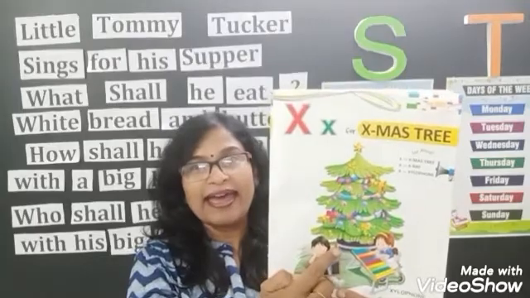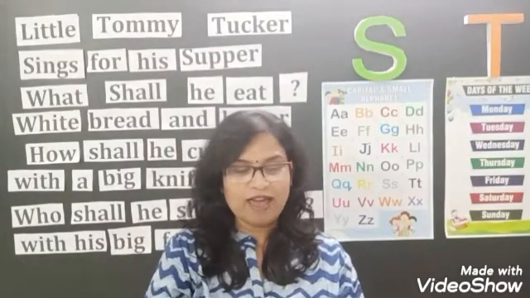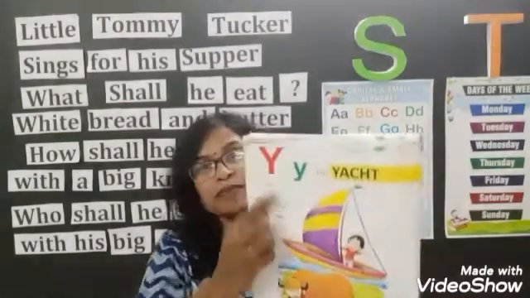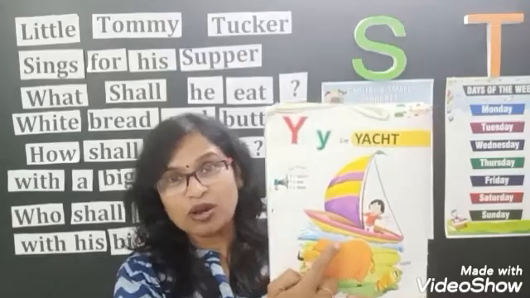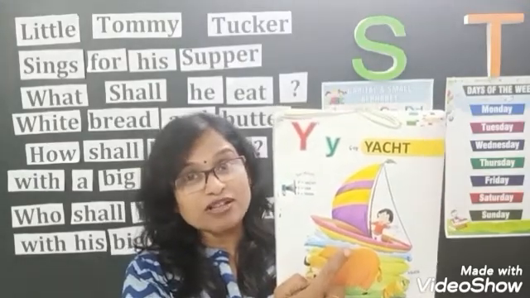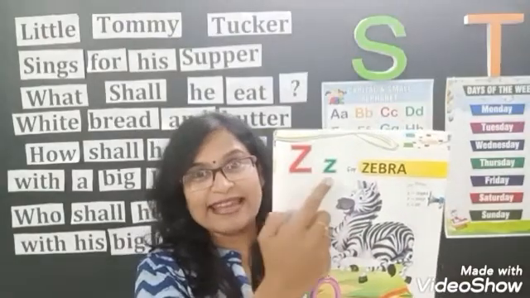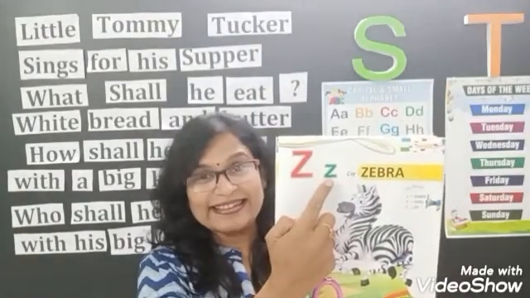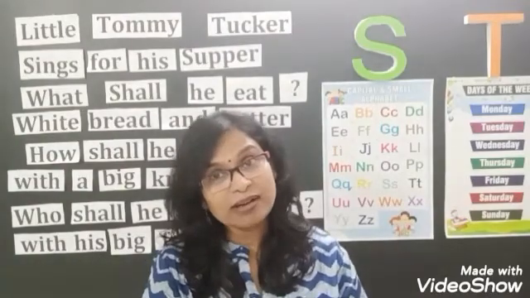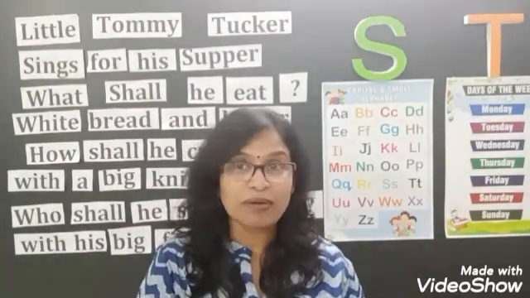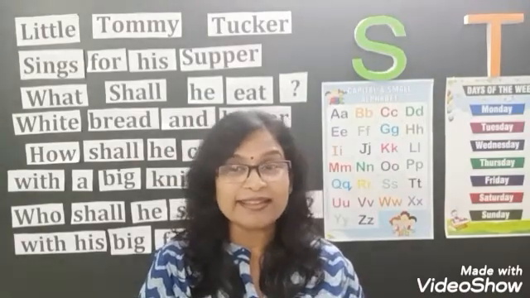X for Xmas tree. Then we have capital Y and small y. Y for yacht. Then we have capital Z and small z. Z for zebra.